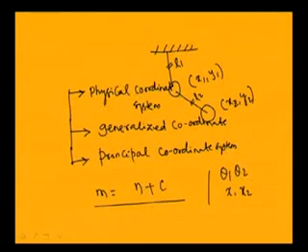Already I told you, by putting the coordinate system at different places you can get different equations of motion. In the equation of motion you can write it in this form: m x double dot plus k x equals f. Here m is the mass matrix, k is the stiffness matrix, and f is the force vector.